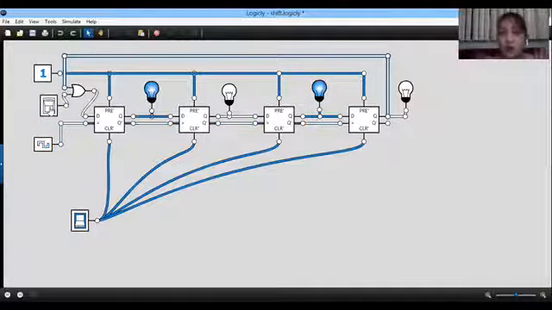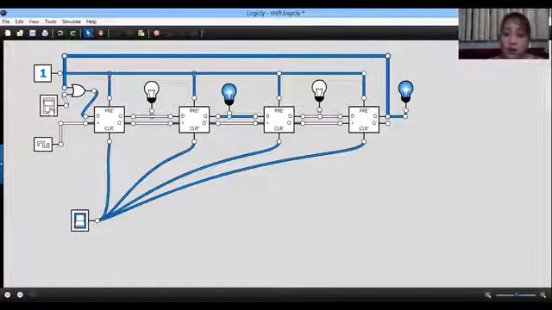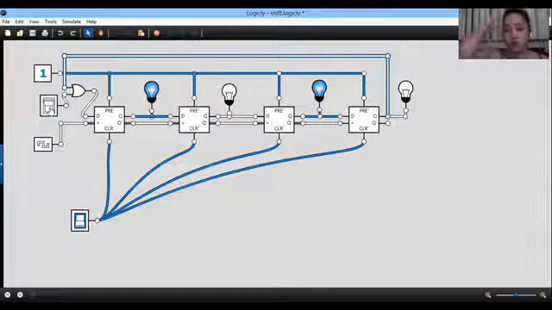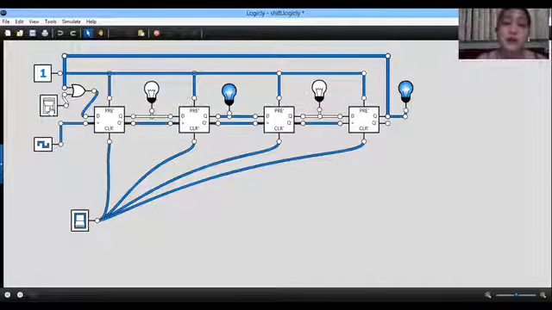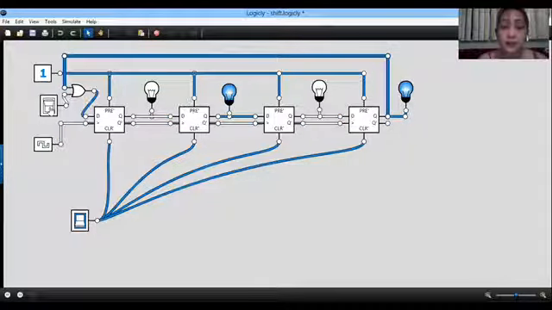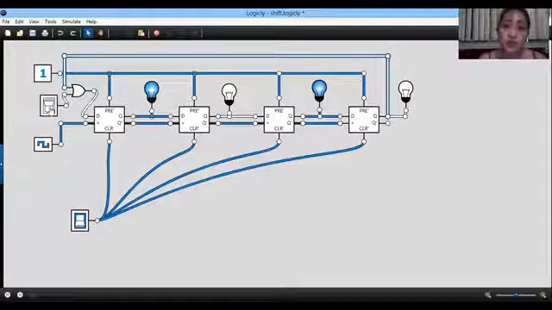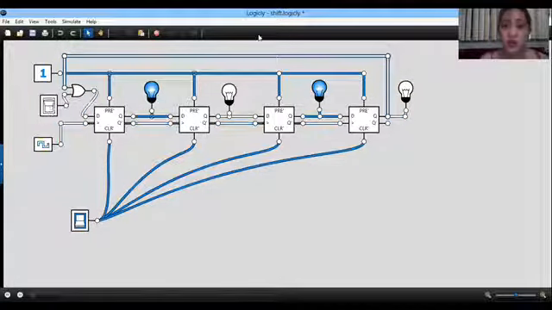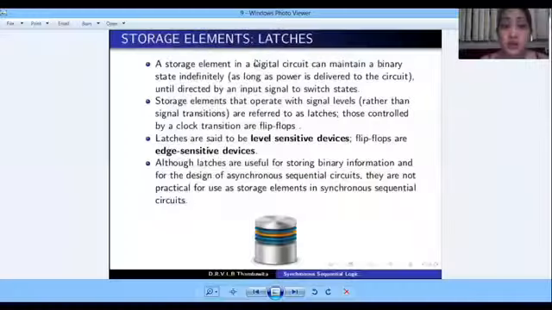So, the lights now are, we have no output in between the two lights. So, yan ang shift to the right. At shift to the right and ring to the right. So, those are the 5 types of shifters. Shifters and counters. Let's go to storage element, latches.